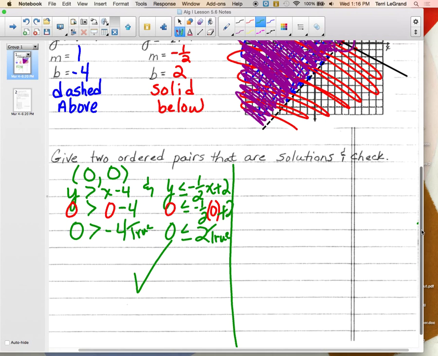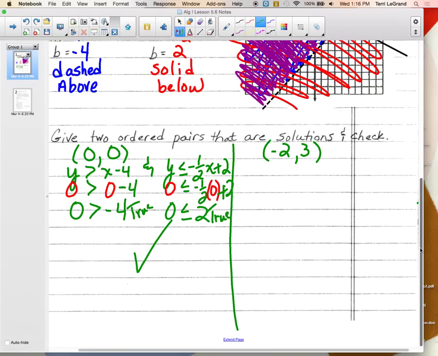So let's do negative 2, 3. That's the one we're checking now. So we have y is greater than x minus 4, and y is less than or equal to negative 1/2 x plus 2. Go ahead and sub into those correctly. Remember, 3 is going in for the y's, and negative 2 is going in for the x.